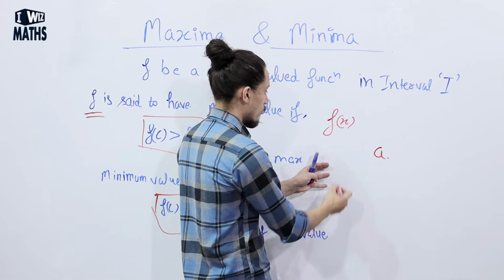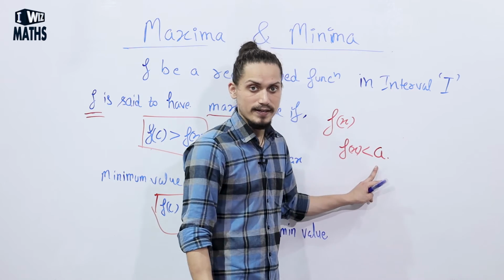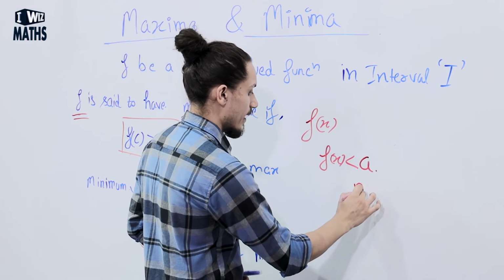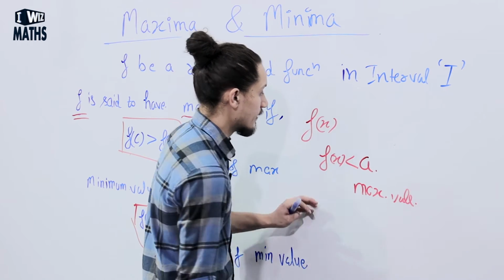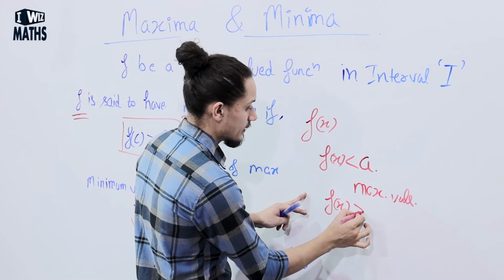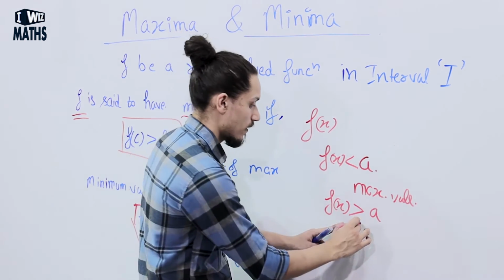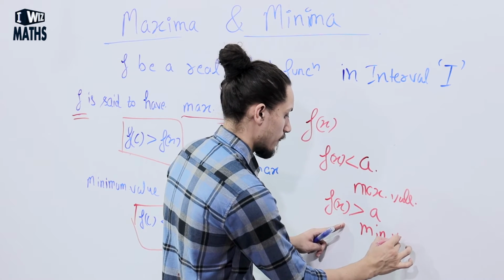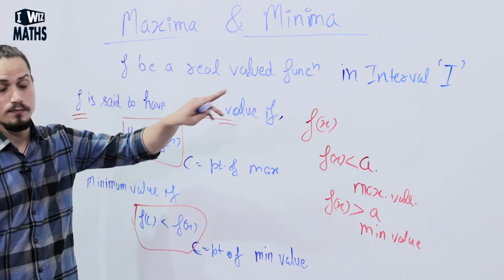If you prove that f of x is less than this number a, then we say f of x has a maximum value. And if you can prove that f of x is greater than some constant a, then we say that f of x has a minimum value. This is the basic approach to the problems regarding maxima and minima.